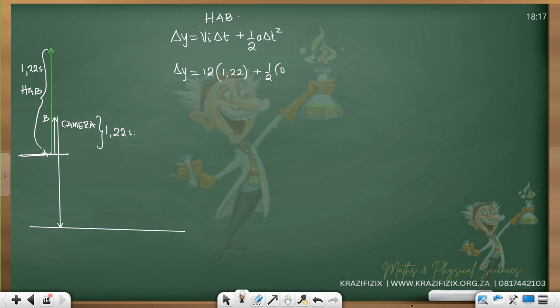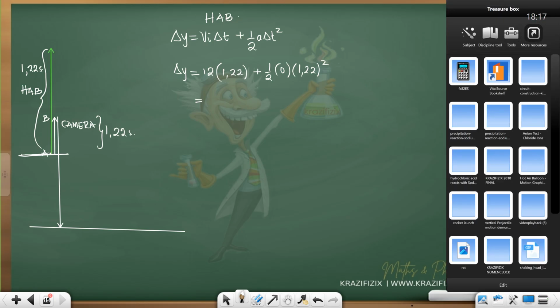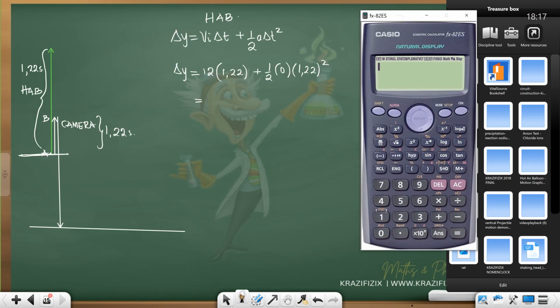But for the hot air balloon, our acceleration is 0. I hope that makes sense. Does that make sense to you? Please respond to me. Let me know if what I just did makes sense. That's not the final answer, but I want us to move together.